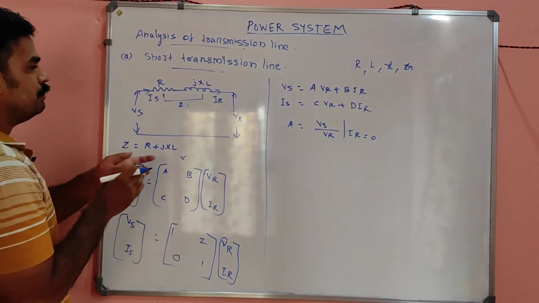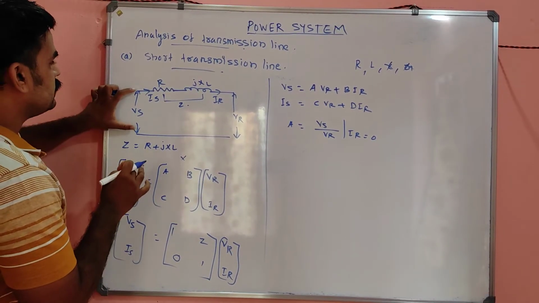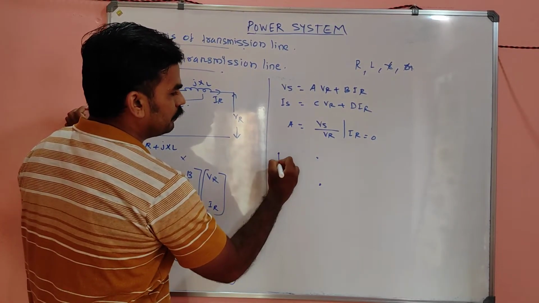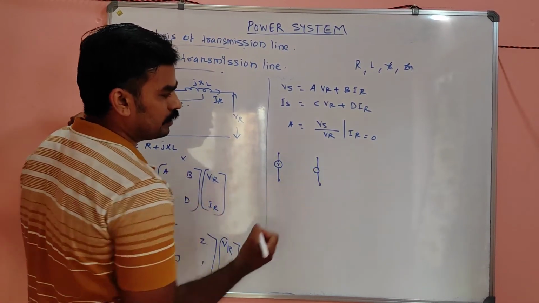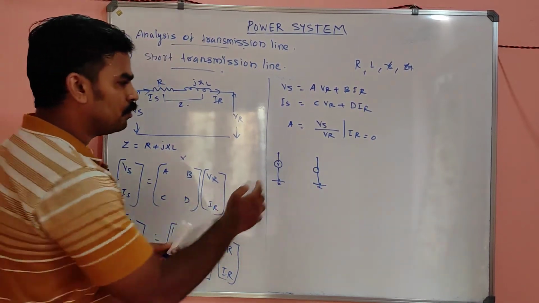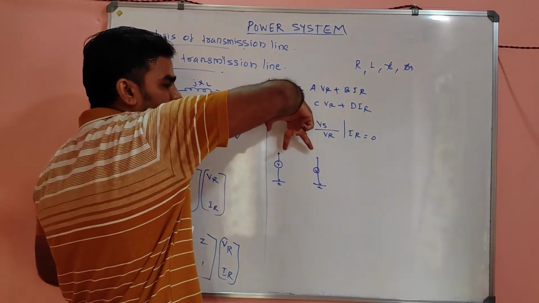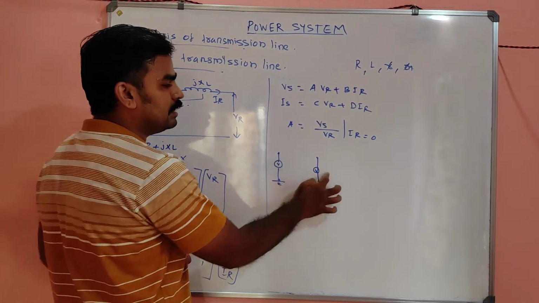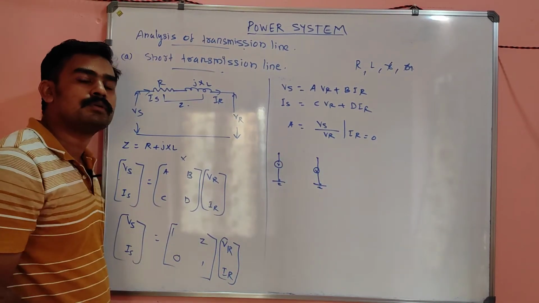That means if you simply open this, a voltage here and a voltage here, and you measure the voltage between these two terminals, there is no current, so the difference between these two will definitely be 0.